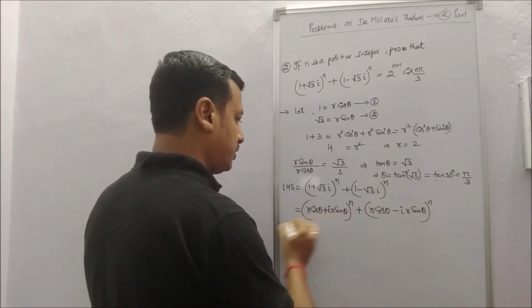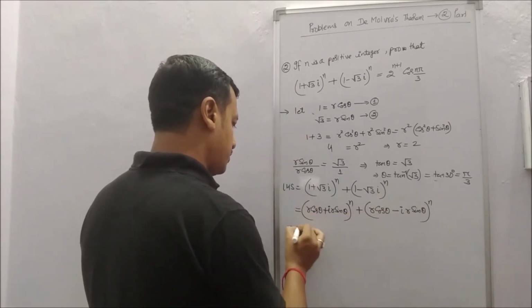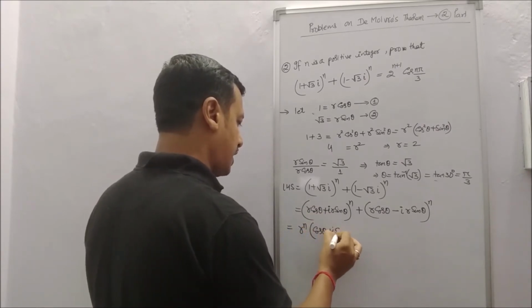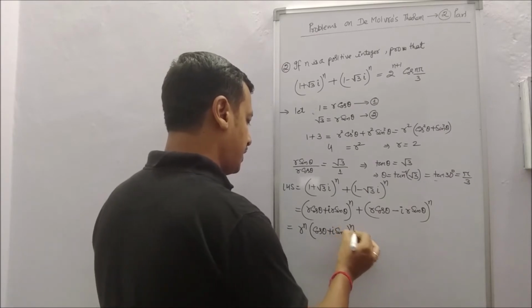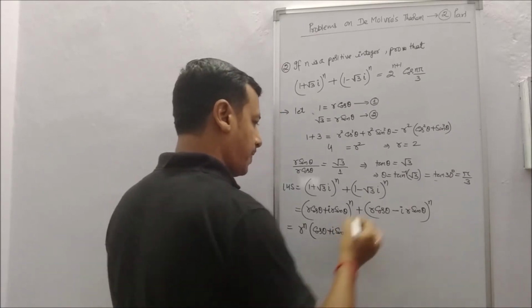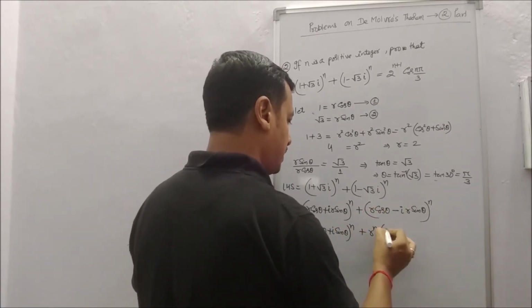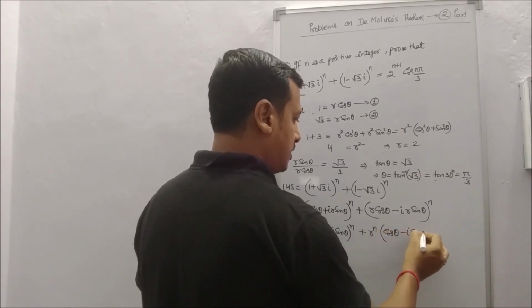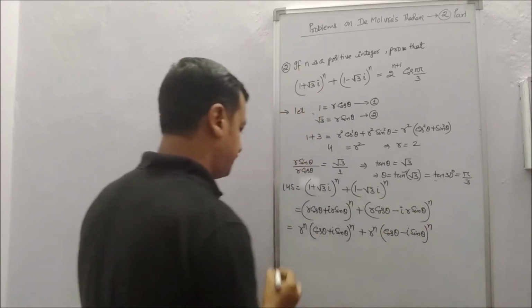Now in both terms r is common, so it is r^n (cos θ + i sin θ)^n plus r^n (cos θ − i sin θ)^n.